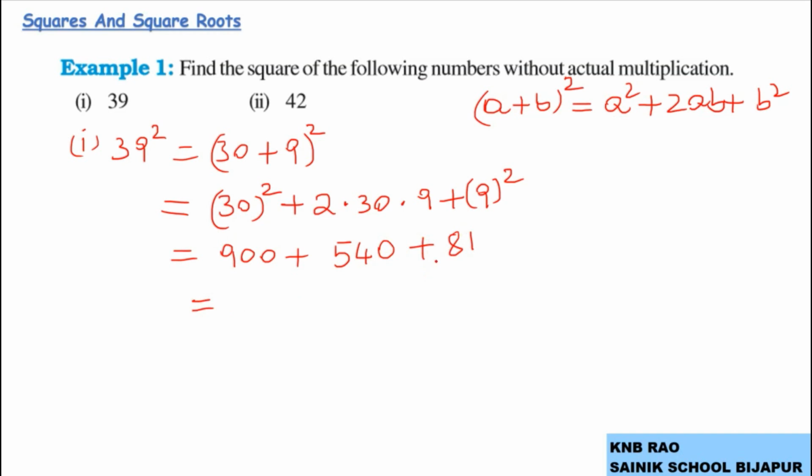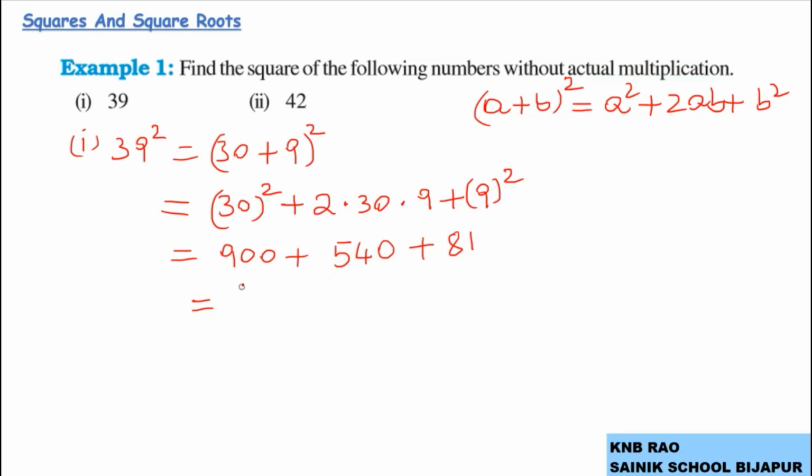Now adding this: 900 plus 500 is 1400, 40 plus 81 is 121.